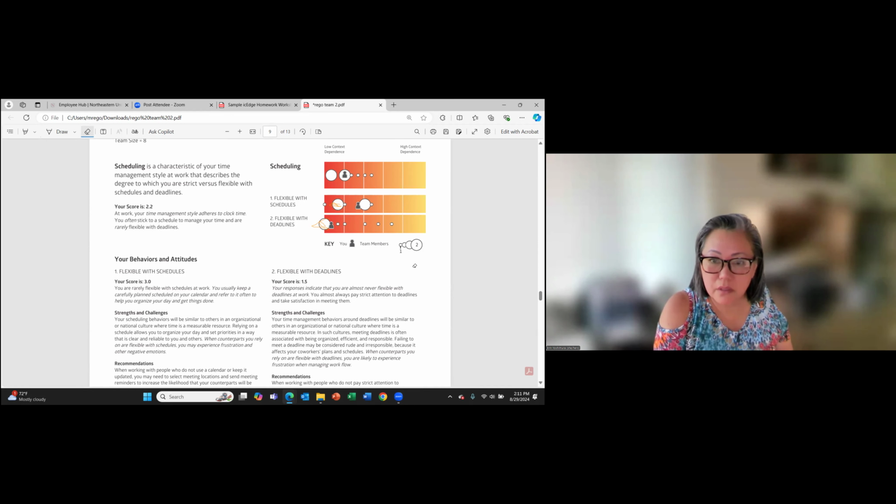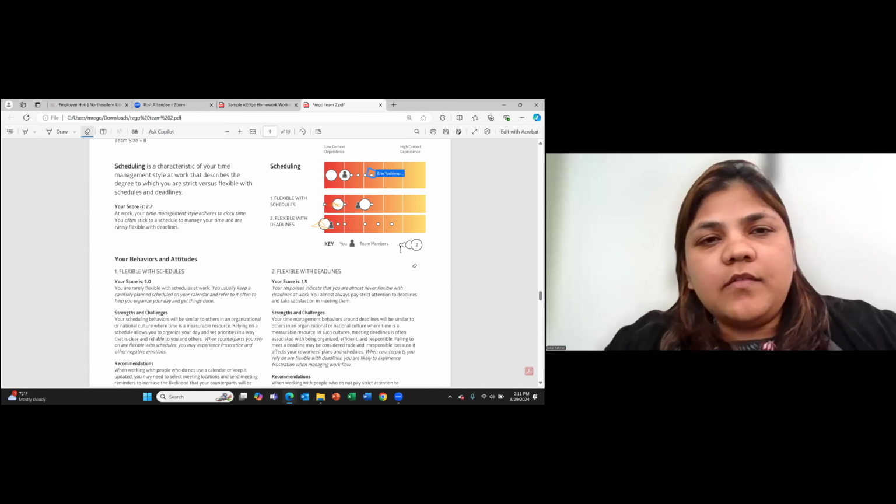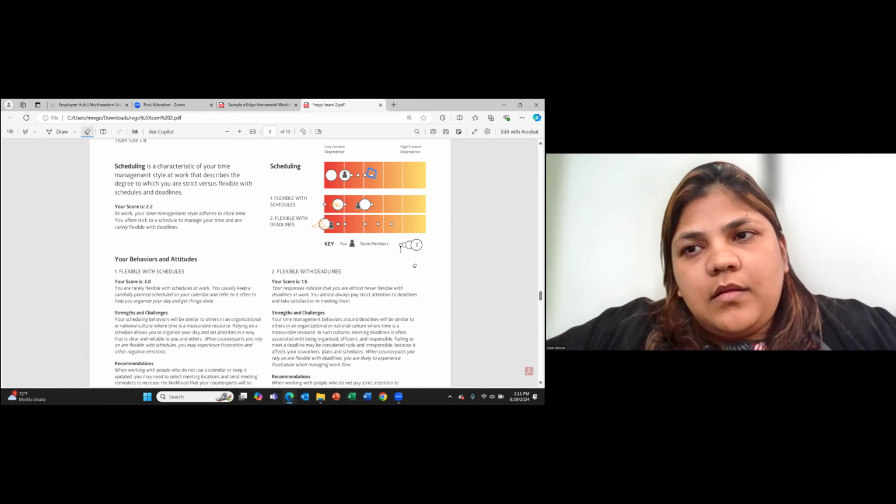So when it says low context dependence, does that mean I'm direct in saying that I'm flexible or not, or that I'm not very flexible and I can be very direct about it? Yeah, low context means that you adhere to clock time, less so than event time. Time being more fluid would be the more high context sense of time. Gotcha.